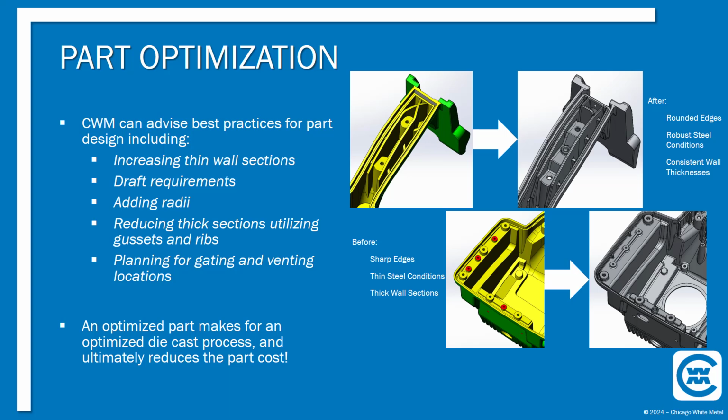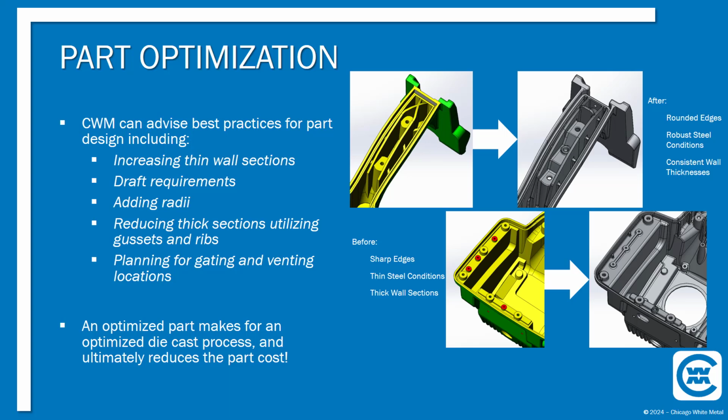But all these things, we look at from a die caster standpoint: how is that going to aid our process? But we also look at it on your side. How does this potentially aid your product from a cost standpoint? What can we do to try to minimize cost and make it a more competitive option for you?